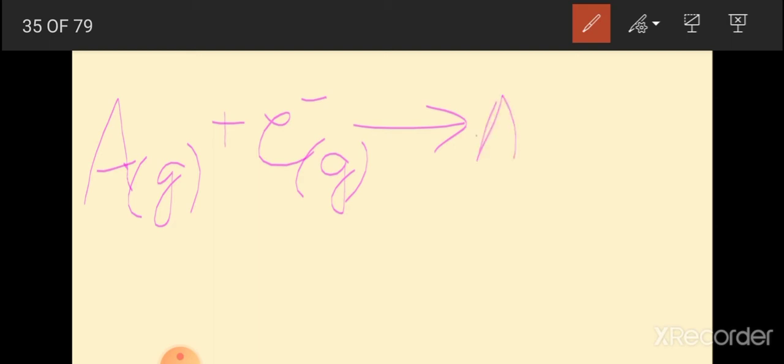An ion will be formed and energy will be released. And this released energy is the electron affinity. And as energy is coming out, we will call it an exothermic process. Why? Since energy is released in it.